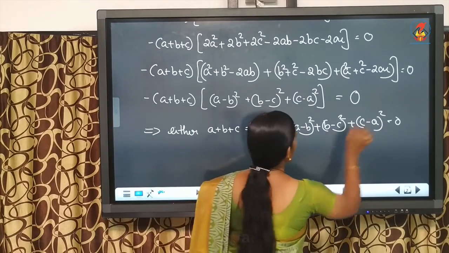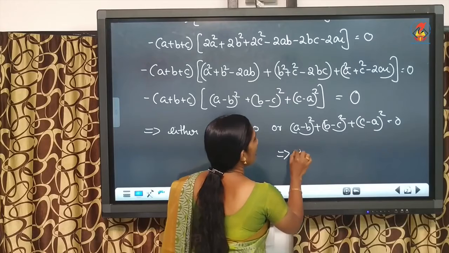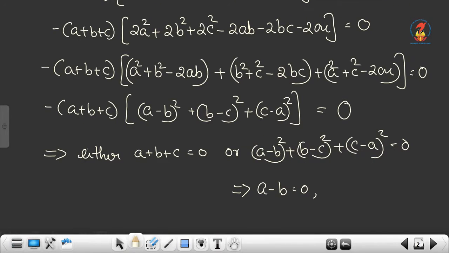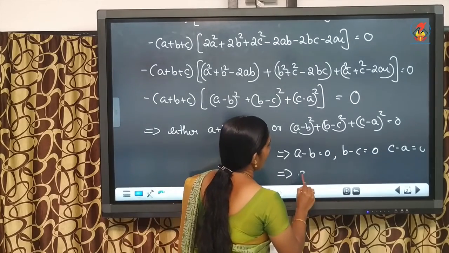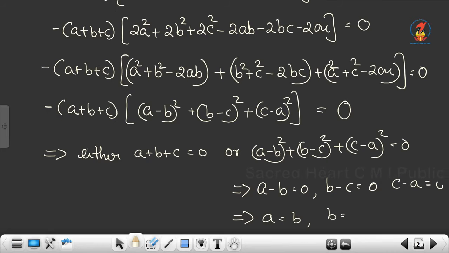So this 0 implies a minus b is 0, b minus c is 0, c minus a is 0. Then only the sum of these 3 squares is equal to 0. Otherwise it is not possible. So this implies a equal to b, b equal to c and c equal to a.